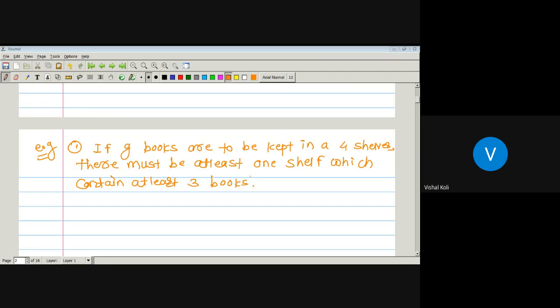Okay. If 9 books are to be kept in 4 shelves, there must be at least one shelf which contains at least 3 books.